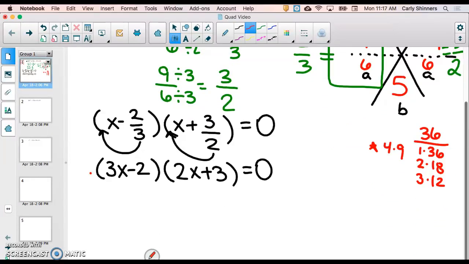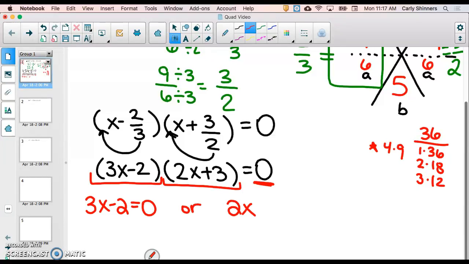That just tells me if I'm multiplying two things and the product is 0, then either the first factor has to equal 0 or the second factor has to equal 0. There's no other way to get a product of 0. So now I just get to solve these two equations that are pretty little.